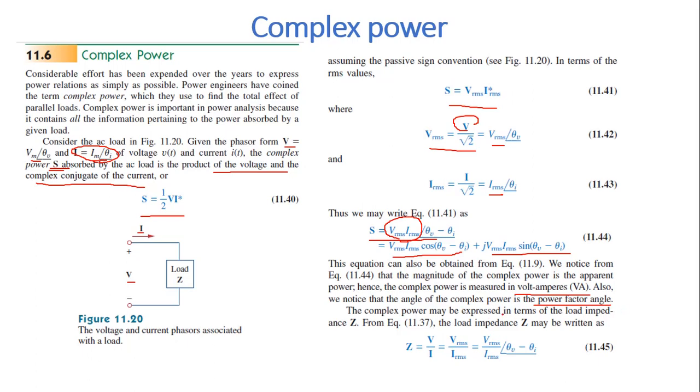So complex power can also be expressed in terms of load impedance. Load impedance Z is equal to V by I. So Vrms by Irms, which is actually equal to Vrms by Irms angle theta V minus theta I. So complex power is nothing but the product of apparent power and the power factor angle.